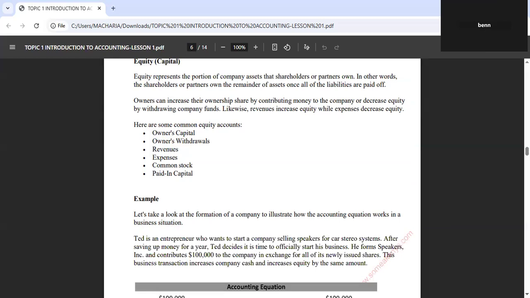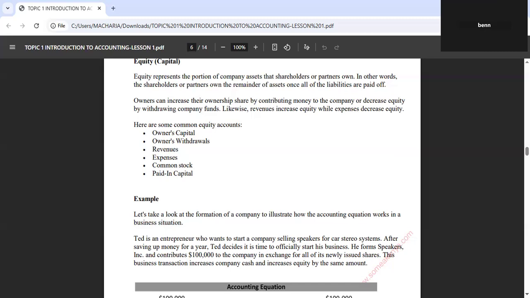The same example: let's take a look at the formation of a company to illustrate how the accounting equation works in a business. Ted is an entrepreneur who wants to start a company selling speakers for car stereo systems.